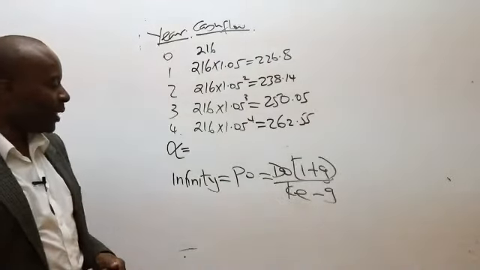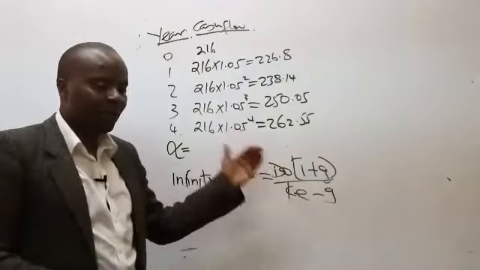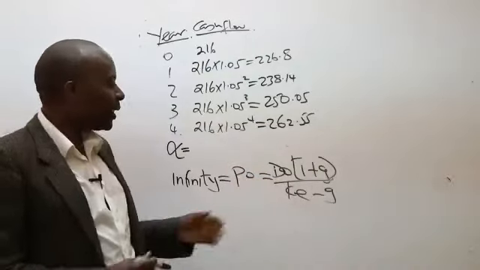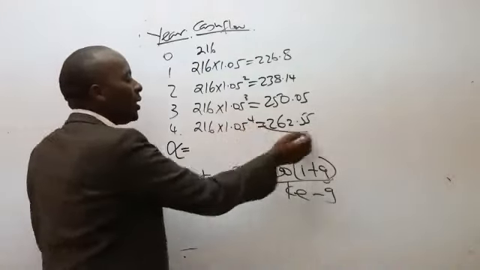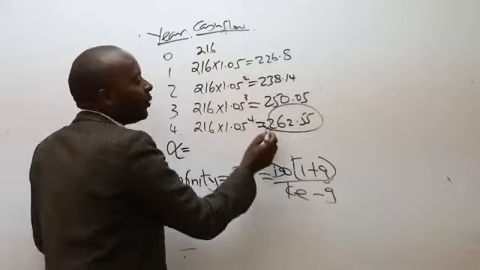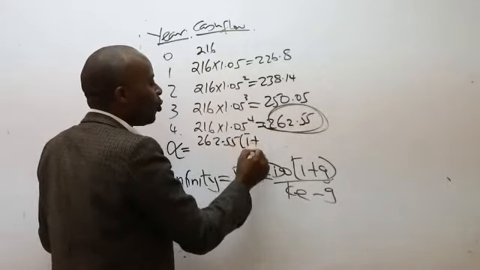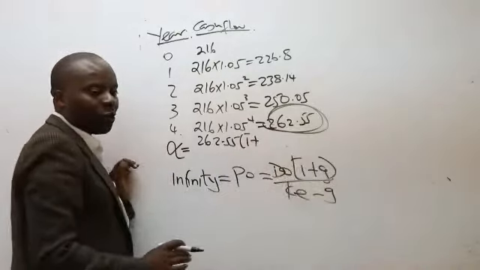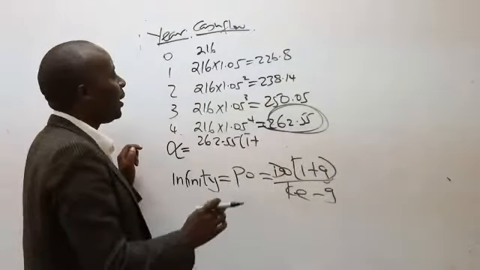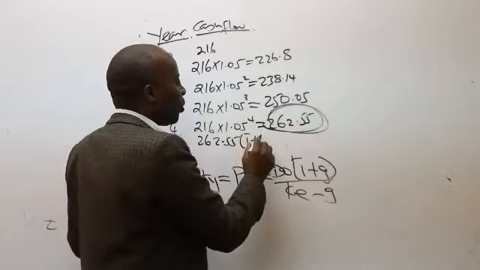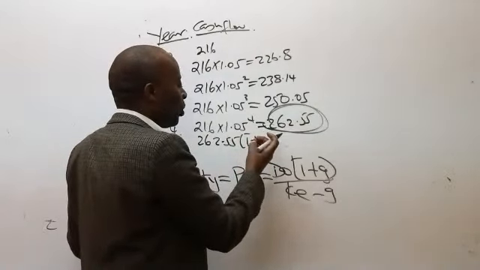So, ladies and gentlemen, remember when we talk of D0, this is the most current dividend. Please never go back to earlier ones. The most current dividend is 262.55 times 1 plus the perpetual growth rate.